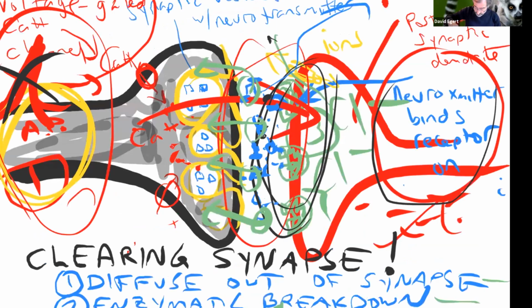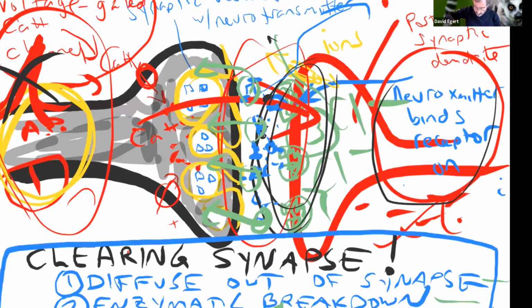So again, this is kind of messy, but clearing the synapse has 3 main things. It can just diffuse out of the synapse, which is important. Enzymatic breakdown, important. Reuptake, very important.